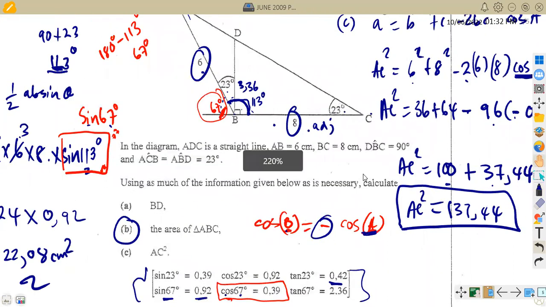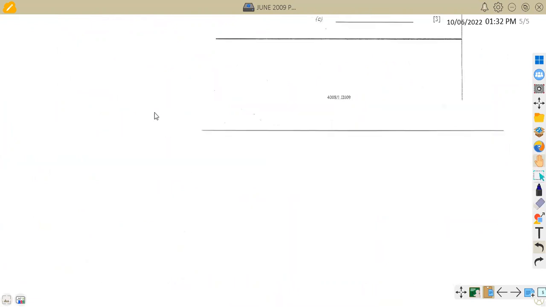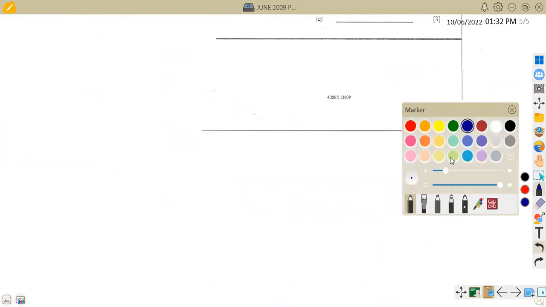So please, guys, make sure that you understand the concept of angles and the relationship between obtuse and acute angles. This relationship has to be known. I explained this relationship before, but you must know it in advance.